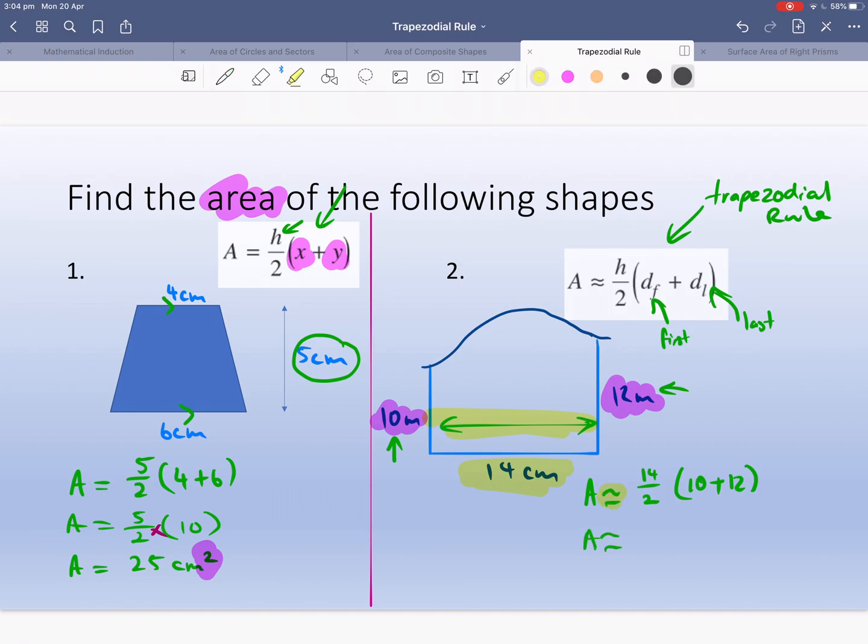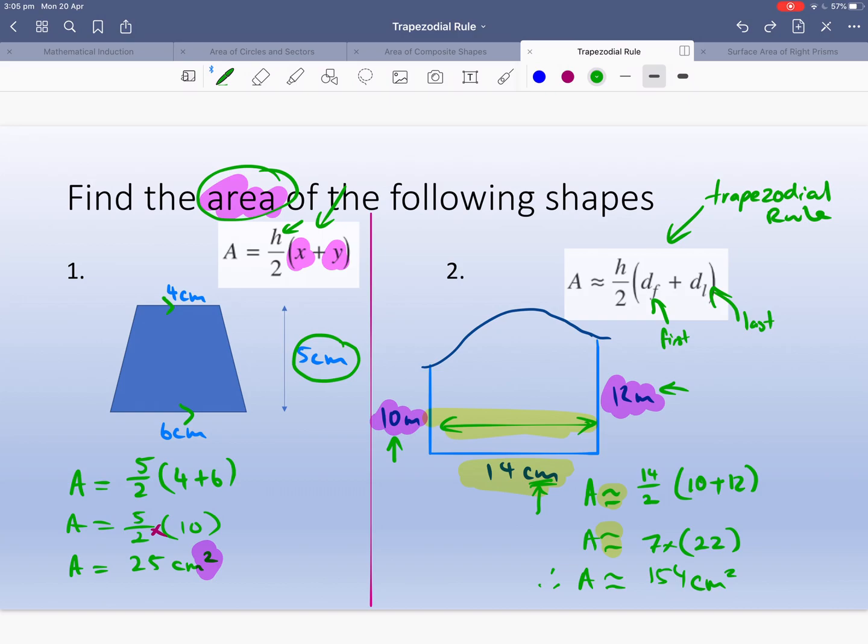Make sure you keep your curly brackets because it's not equal, it's approximately equal. 14 divided by 2 is 7. 7 times bracket 22, okay? So therefore the area is going to be approximately 7 times 22, which is 154. Now what are our units? Centimeters. And it's squared because remember area is square area. Okay?